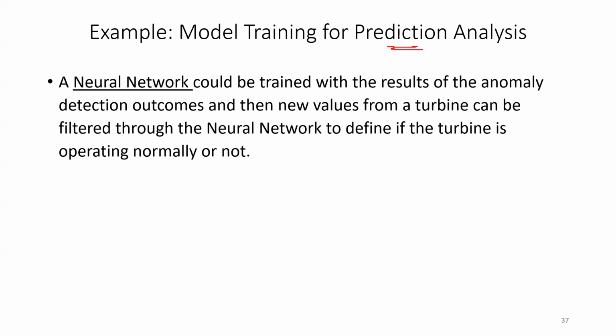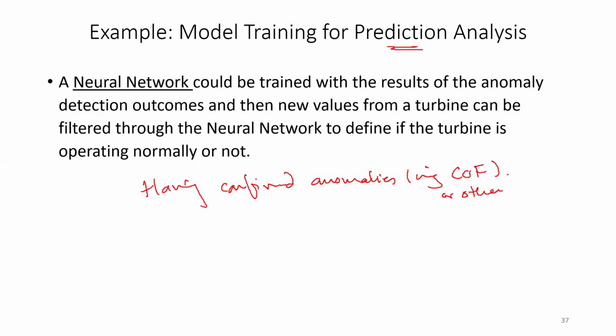We can use a neural network as a powerful supervised learning algorithm to train on the detected anomalies, once we have confirmed anomalies, for example after using the COF method or other techniques.